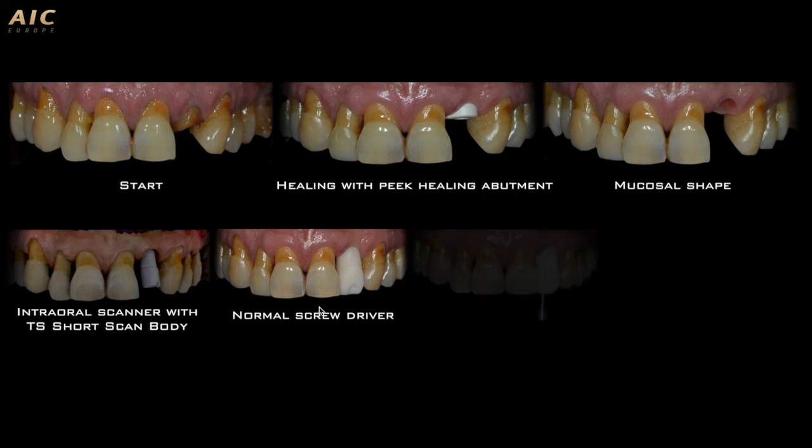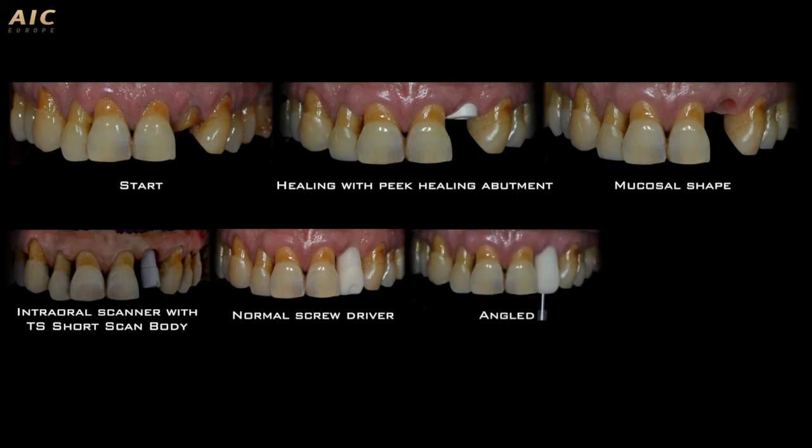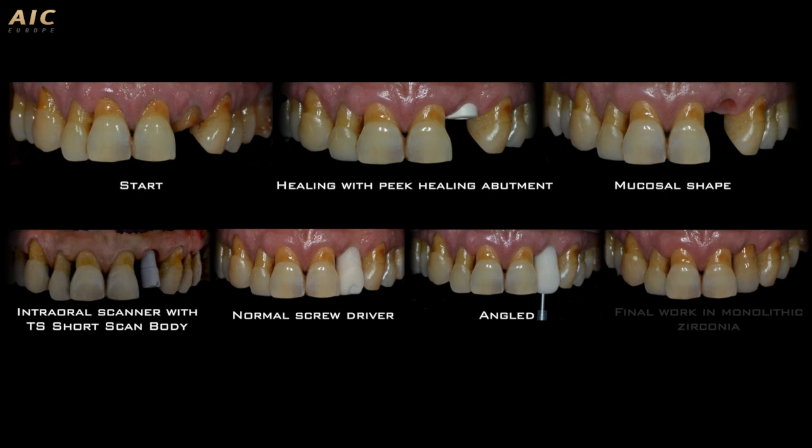But thanks to the angled screwdriver, we can move the hole from the vestibular side to the palatal side, from 0 to 20 degrees of divergence, and this is the final result with the monolithic zirconia.